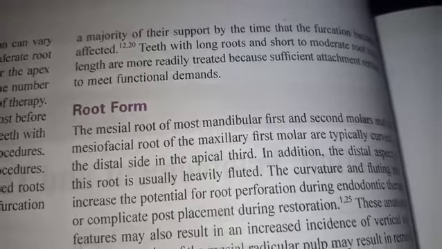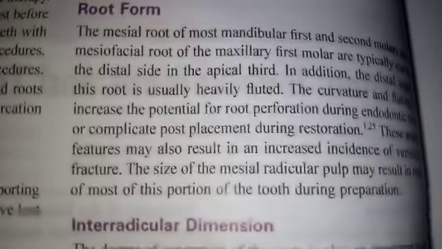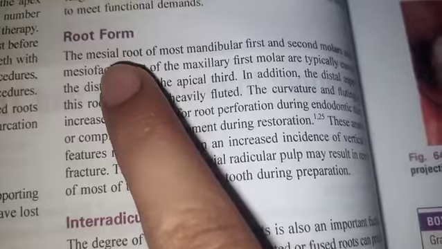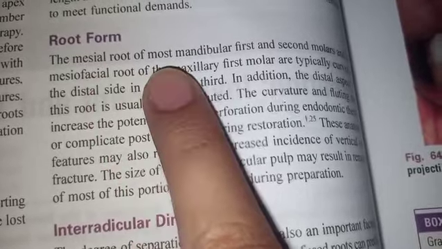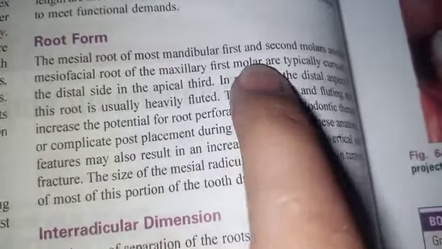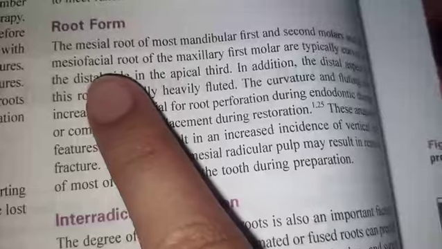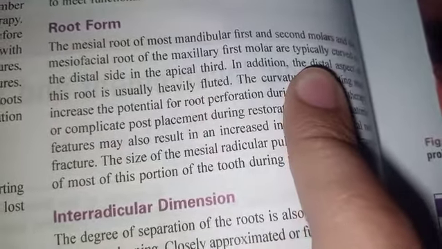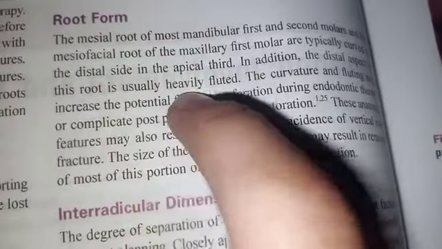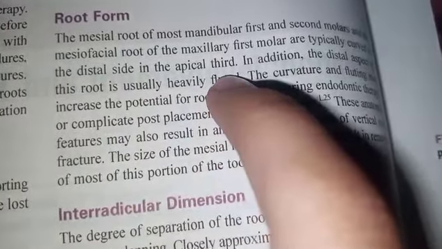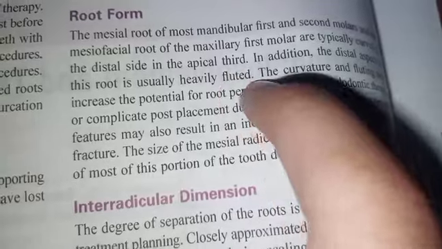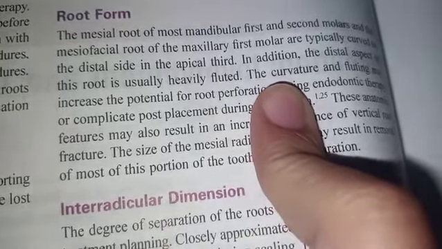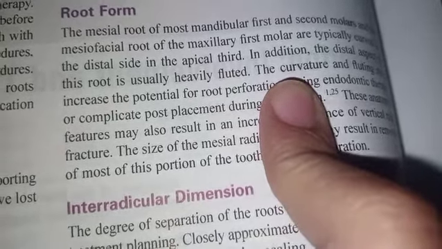Now moving towards root form, when there is an individual root. The mesial root of the mandibular first and second molars, and the mesiobuccal root of the maxillary first molar, are typically curved to the distal in the apical third. In addition, the distal aspect of this root is usually heavily fluted.